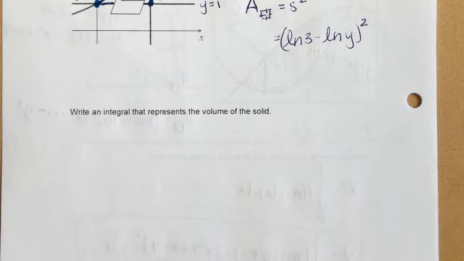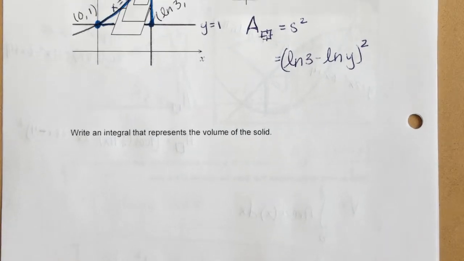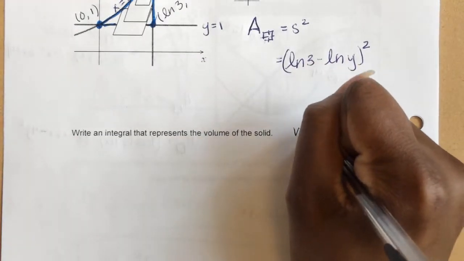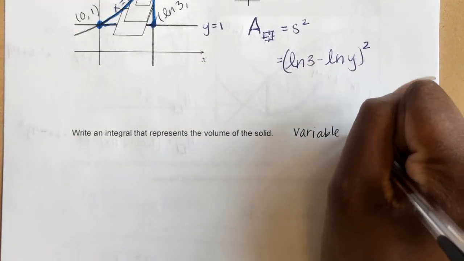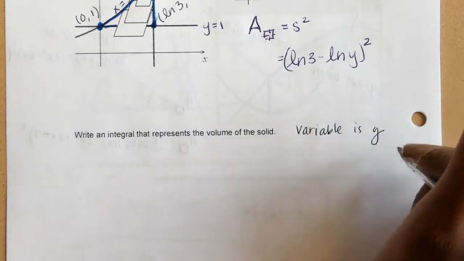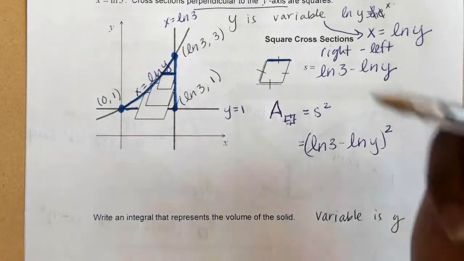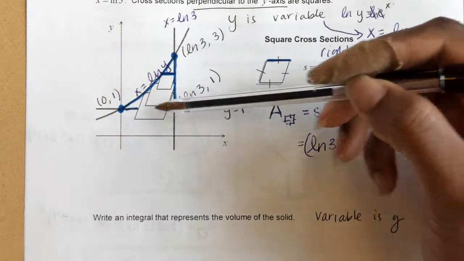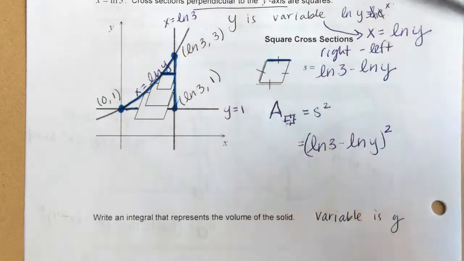So if we want to write an integral for this, we have to remember that our variable is y. So our limits of integration need to be the y values, right? So our lowest y value is 1, our highest y value is 3.